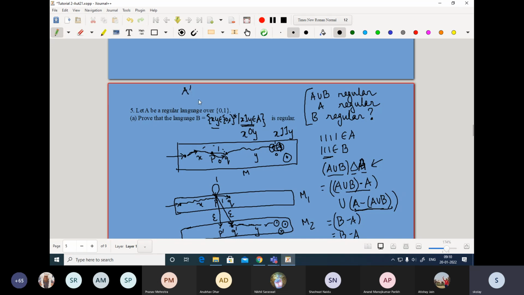So there must exist an A' subset of sigma star such that no FA exists for A', because the number of subsets is uncountable, and we saw that there are countably many deterministic finite automata, because we can encode them as a finite string. Okay, so now suppose I take sigma star minus A' to be B and A' to be A.